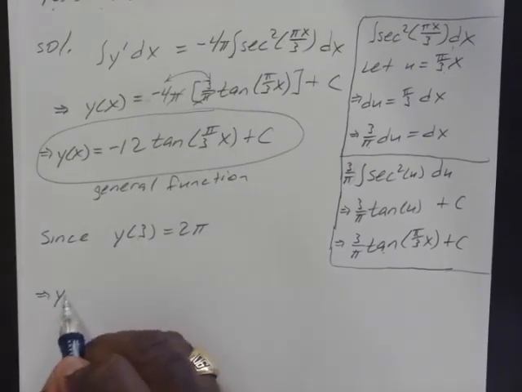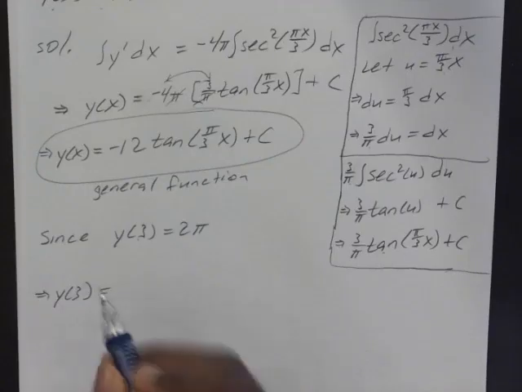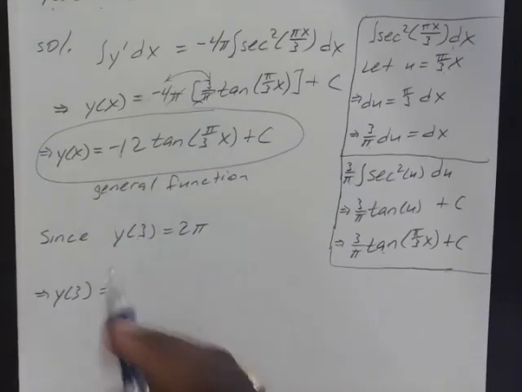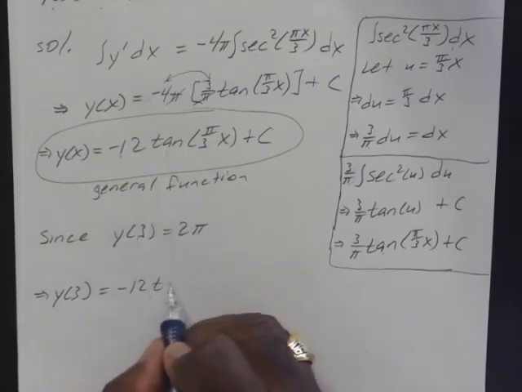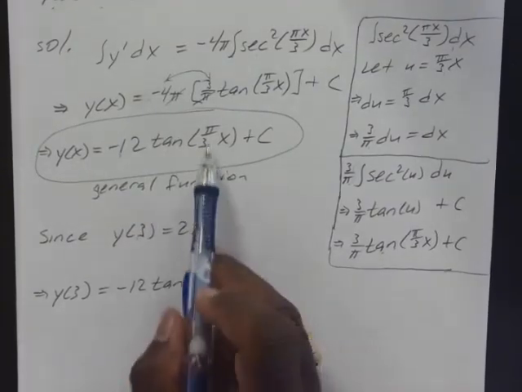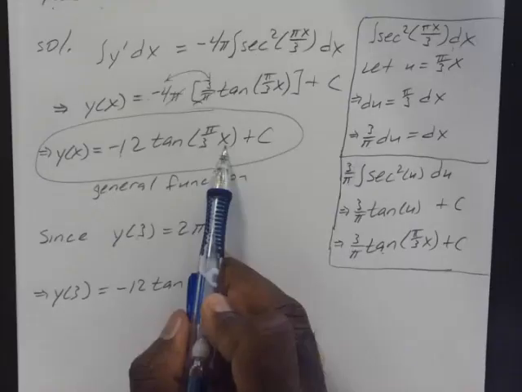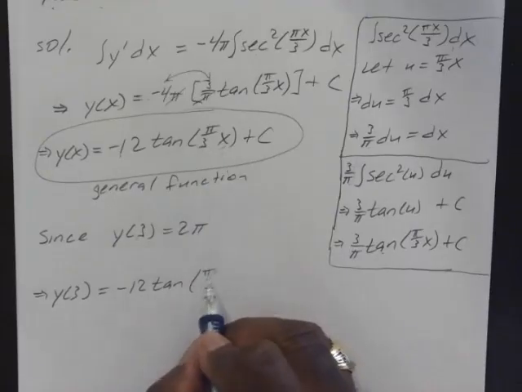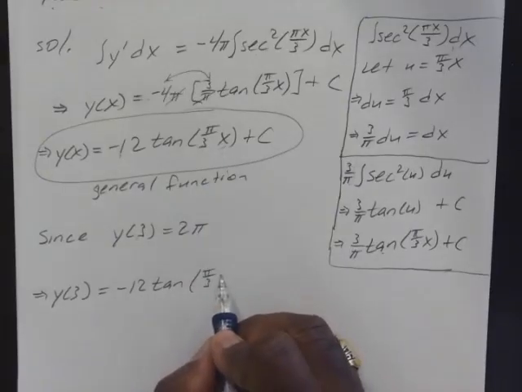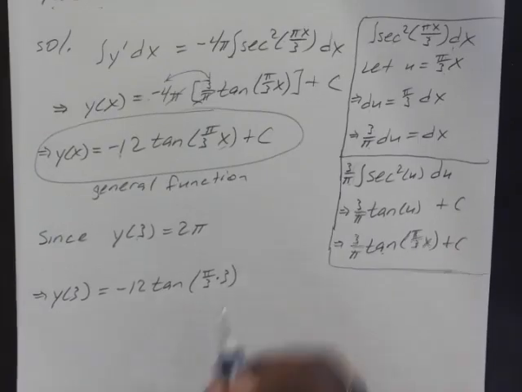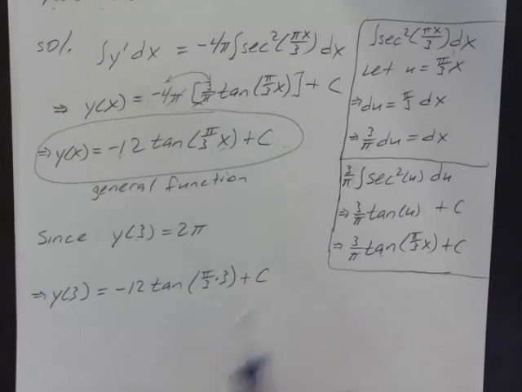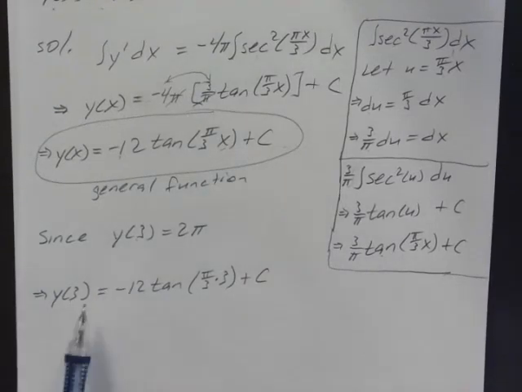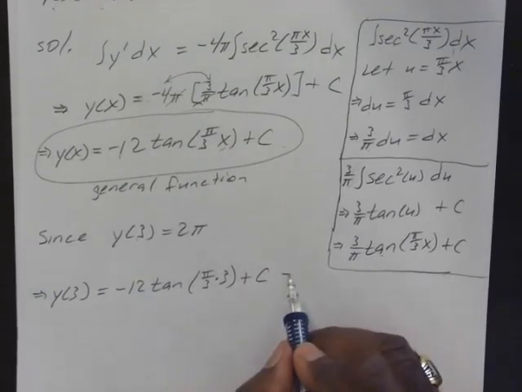So that gives us y of 3 is equal to negative 12 times tangent of pi over 3 times 3 plus c, and we know that y of 3 is equal to 2 pi.